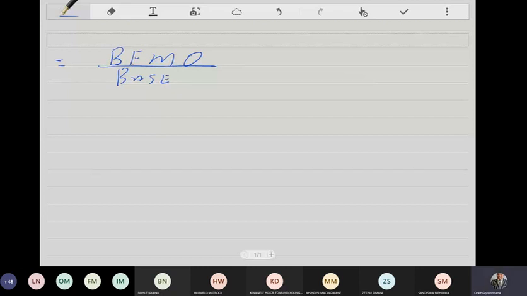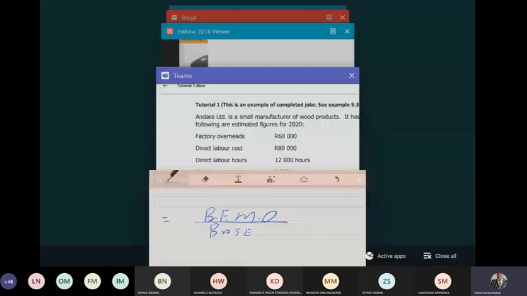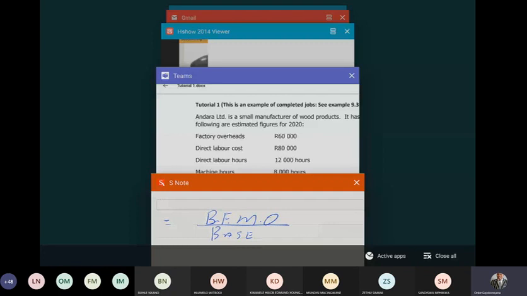These are my abbreviations. If you look at this information, your budgeted manufacturing overheads or budgeted factory overheads, as you can see in the last sentence, says the following are estimated figures for 2020.